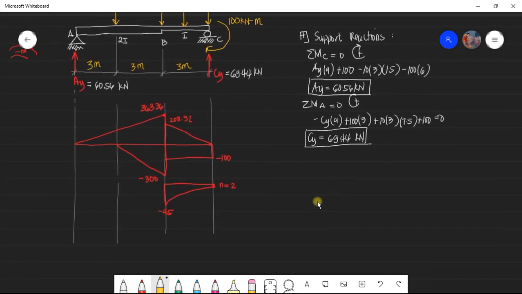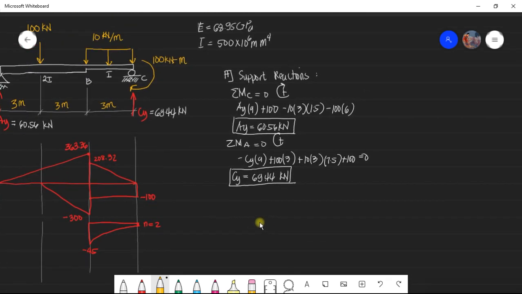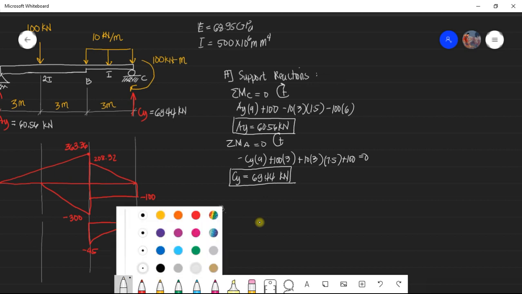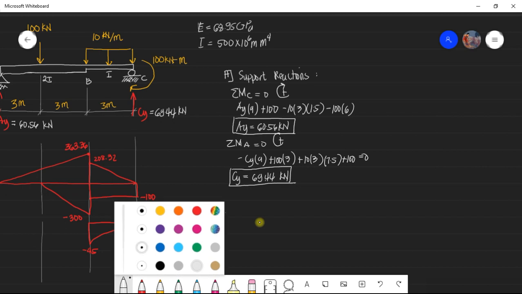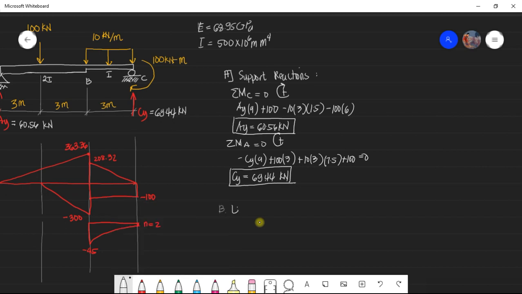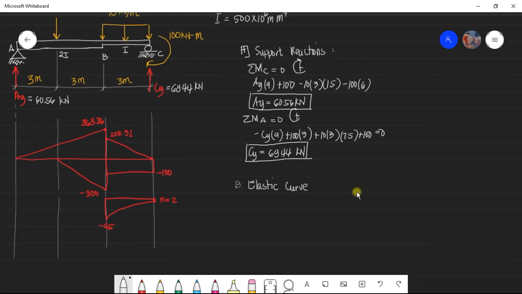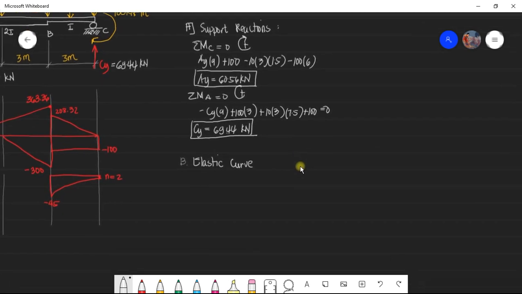So, una, tingnan natin yung elastic curve. Drawing natin yung elastic curve. Letter B. Ano ba yung magiging behavior ng beam? Or yung curvature niya? Okay, simply supported lang naman yan. Of course, magde-deflect.